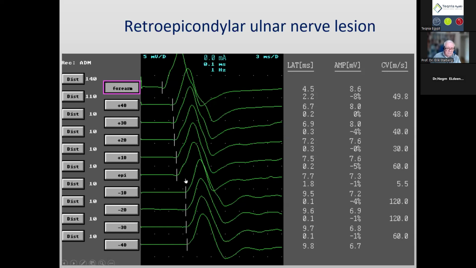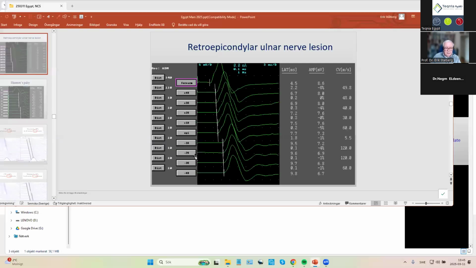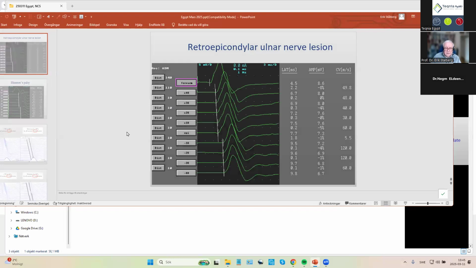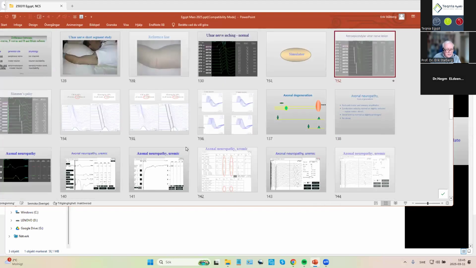So it's a jump here, which is a better way to look at the latency than to calculate velocity, because that varies too much. So this is a good way, and we compare this, and we see the difference between the two.